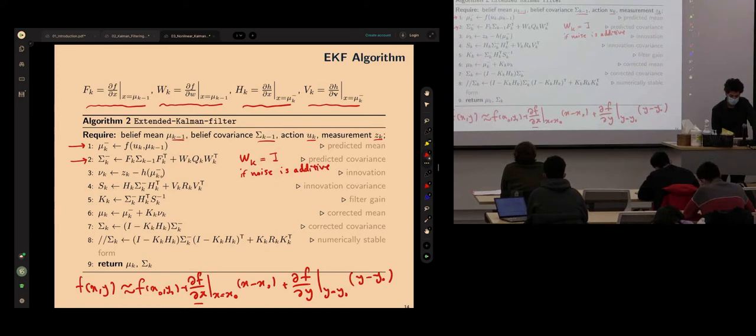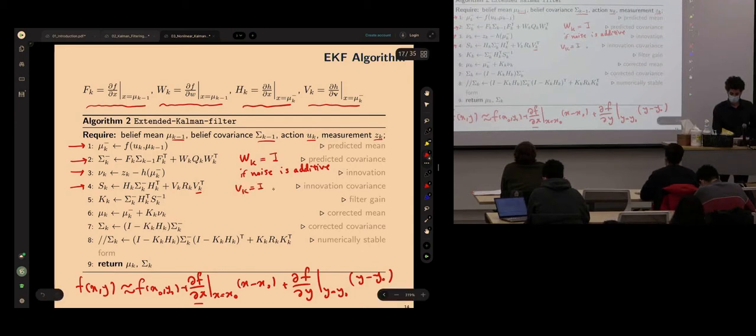Use the predicted mean in line 3 to predict the measurement and calculate the innovation. If you remember previously, this was h times mu k, right? Now we're using a nonlinear map. Calculate the innovation covariance, S. Again, V can be identity if noise is additive.